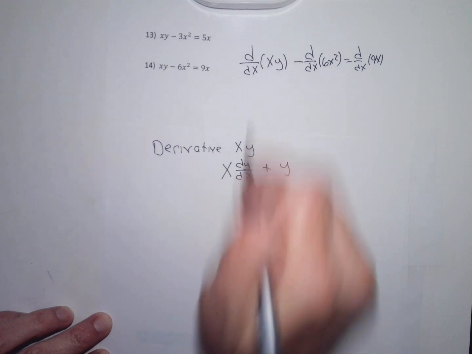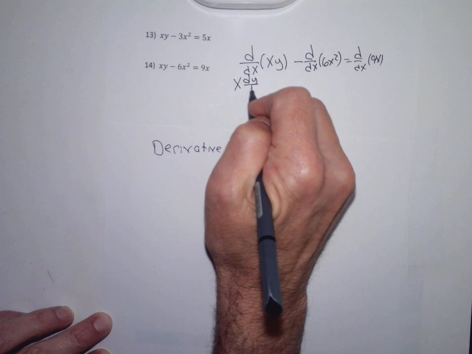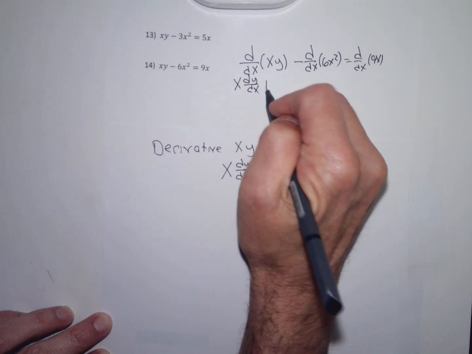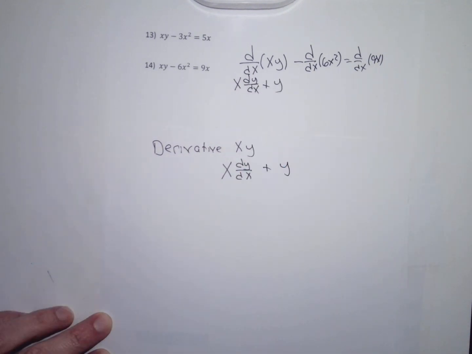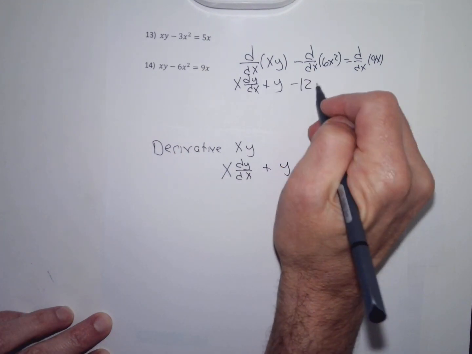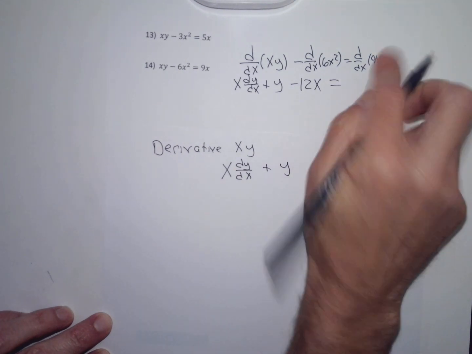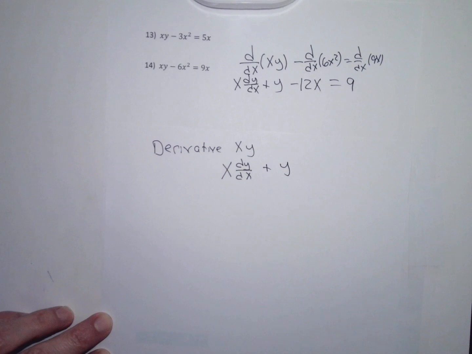This is x times dy/dx plus y. Did that on the first video. I knew I was going to need it. This piece is just minus 12x. I could tack on a dx, but that's equal to 1. This piece is 9. I could tack on a dx, and that's equal to 1.